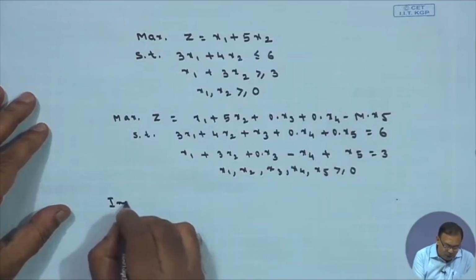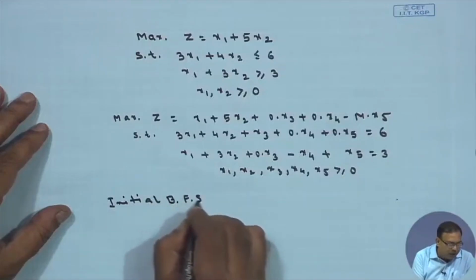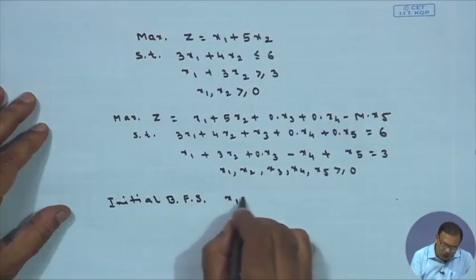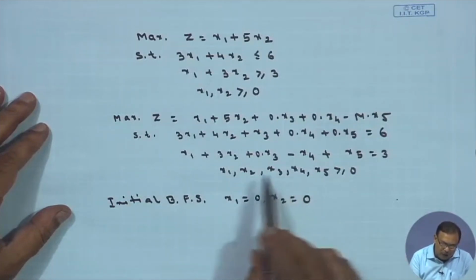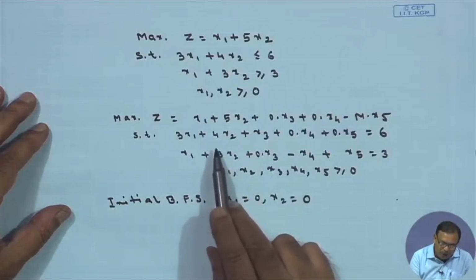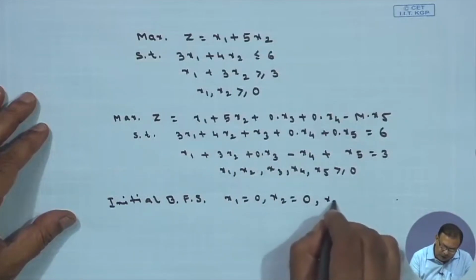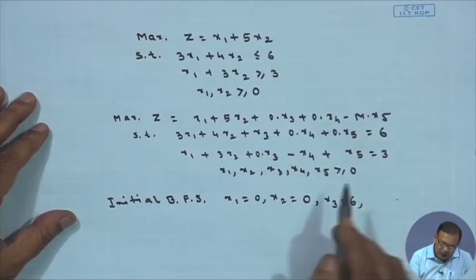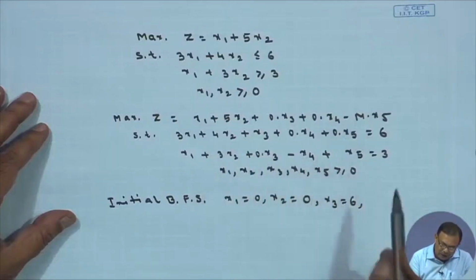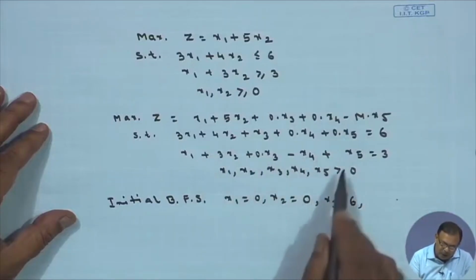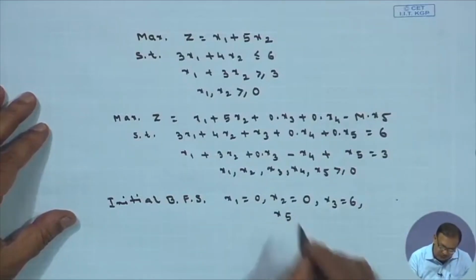So, the initial BFS for this problem will be as follows. I have to make the original variables x 1 and x 2 equal to 0. If I put it in the first constraint, x 3 equals 6, whereas if I put it in the second constraint, with x 2 being 0, x 5 will be equal to 3.